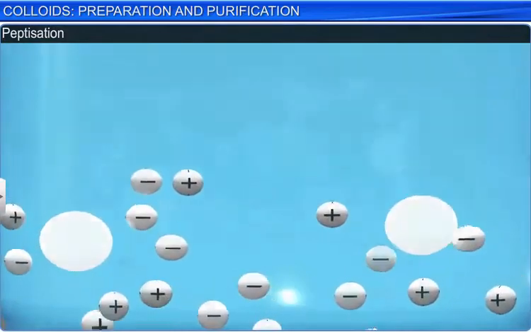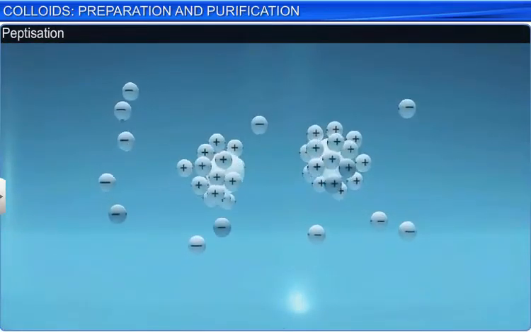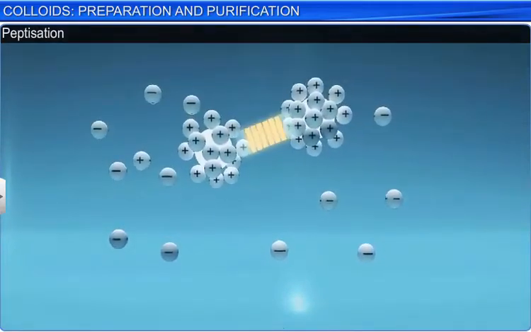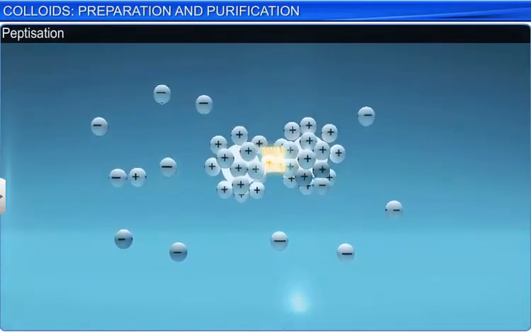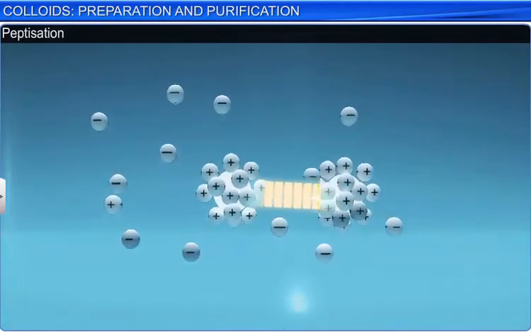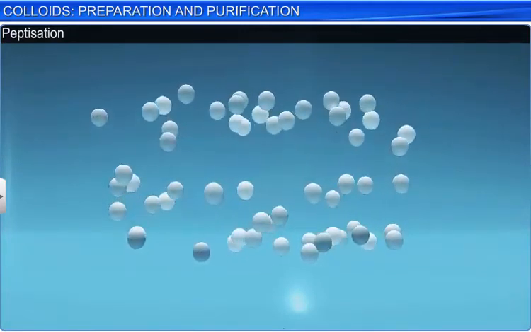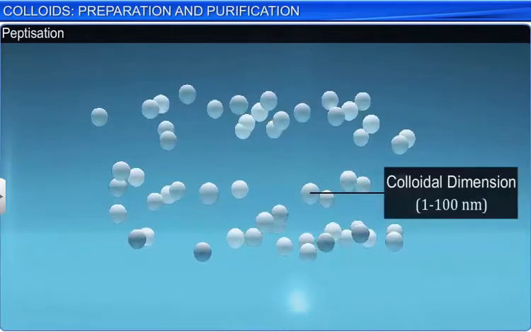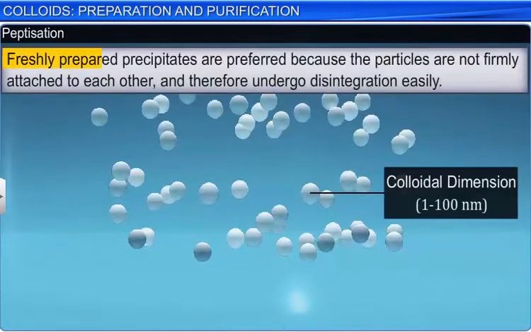These charged species repel one another, and as a result, the precipitate disintegrates into colloidal-sized particles. It is important to note that freshly prepared precipitates are preferred because the particles are not firmly attached to each other, and therefore undergo disintegration easily.